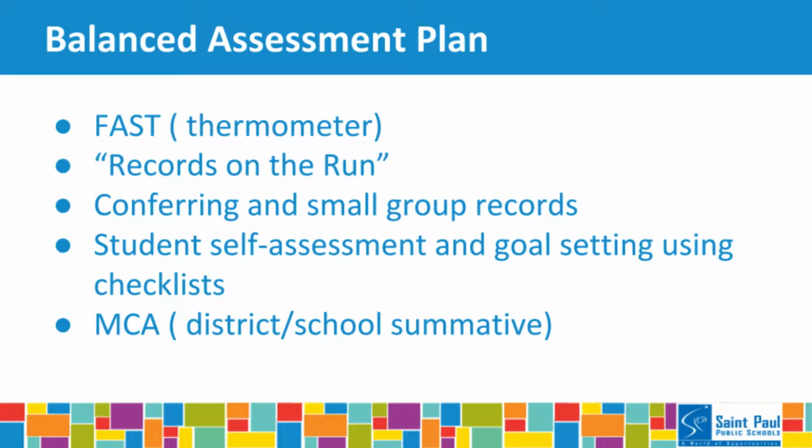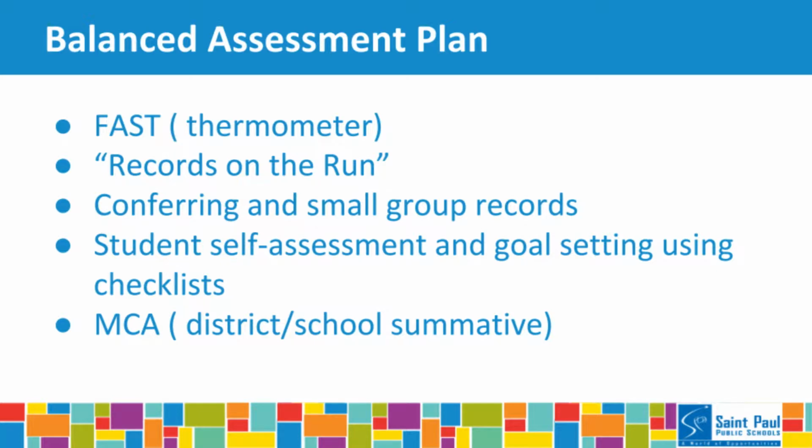So in today's segment, we will go through what some of those reports look like, but FAST is also part of a bigger assessment plan. It's, again, like I said, the thermometer. It's also part of what should be happening in the classroom, as we should be doing running records or records on the run. We should see conferring and small group notes and information about what's happening in our actual instruction.